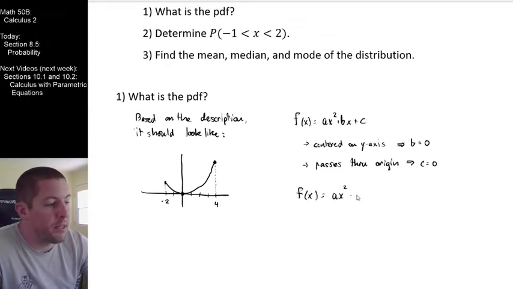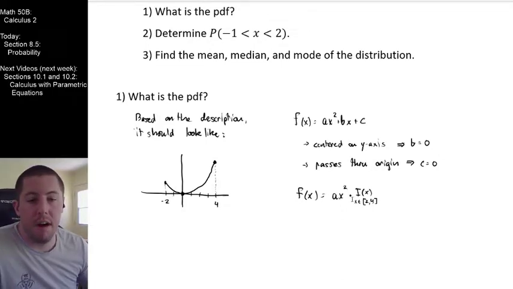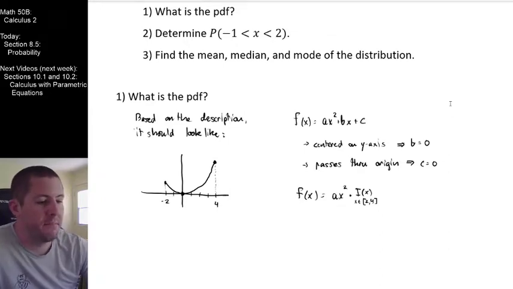I'm going to indicate its support here. All right, so here is my definition of our probability distribution function. But my problem is I still don't know what a is going to be. So how are we going to find a?